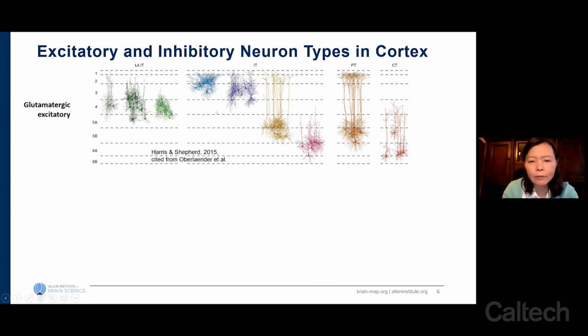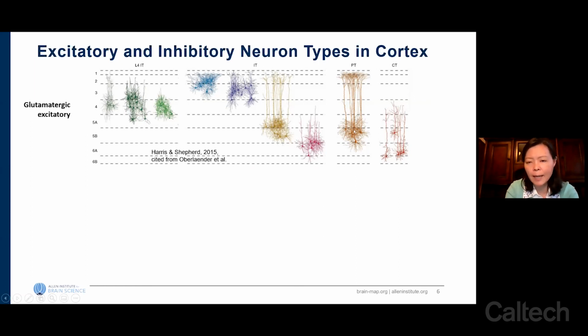The excitatory neurons are also organized based on their laminar distribution and their long-range projection patterns. The largest subclass of cortical excitatory neurons are the cortical projecting intratelencephalic, or IT, neurons that are distributed across all 6 layers, from layer 2/3 to 4 to 5 to 6.